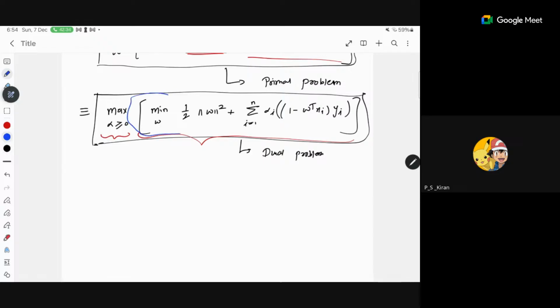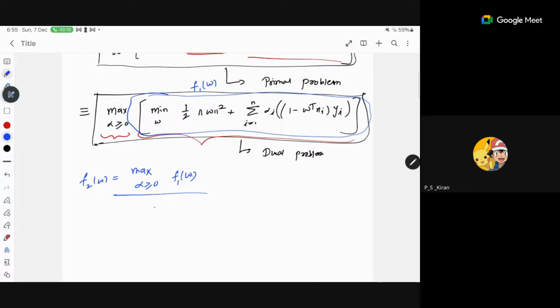Let us call this function f1. Let's say f1 of w, and then what we are trying to do here is maximize over alpha greater than 0 for f1 of w. Now let's say this is your f2 of w. What do you understand by this statement?